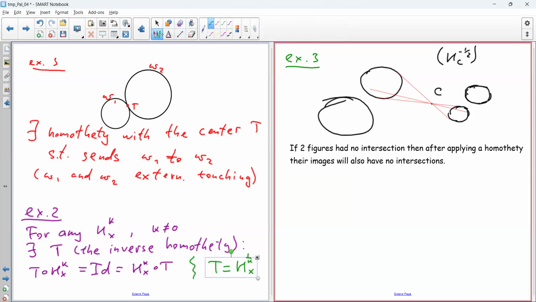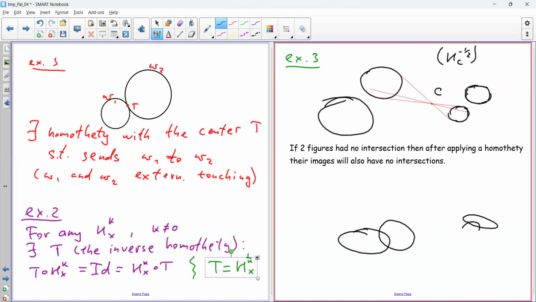So we draw another thing for that. If they had something, and after making the homothety, we had these points A, B. Here would be like A prime.